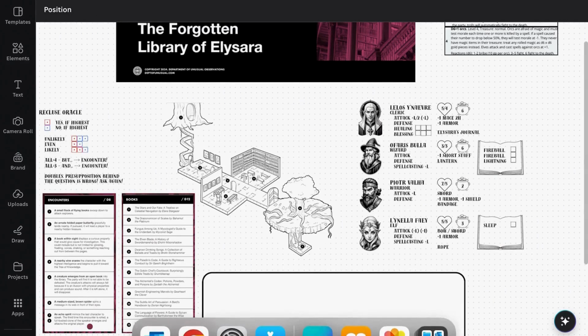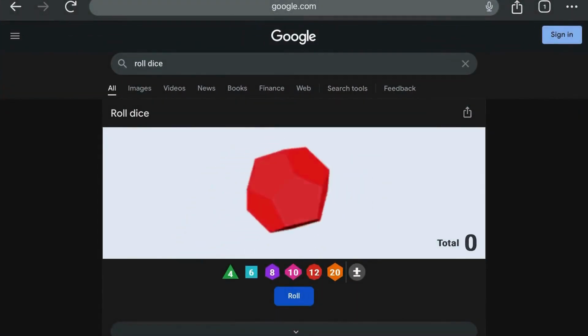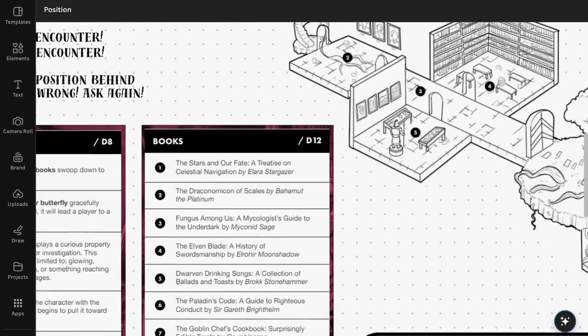So let's roll with D12 for an interesting book, for Opharis, maybe. 3, meaning Fungus Among Us, a mycologist's guide to the Underdark by Myconid Sage.